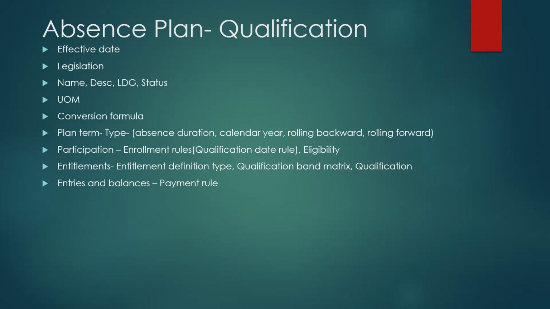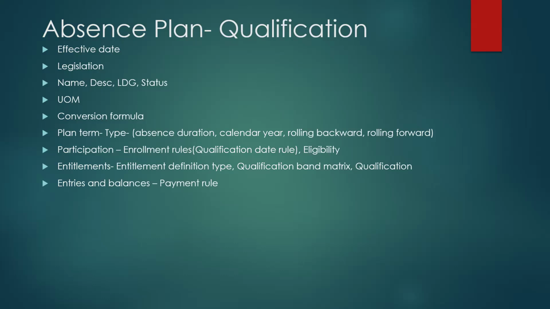So anything like family care or child care leave is configured for a qualification, or even sick leave: if there is an illness because of falling sick, they would be eligible. So that's an event, falling sick or meeting with an accident.